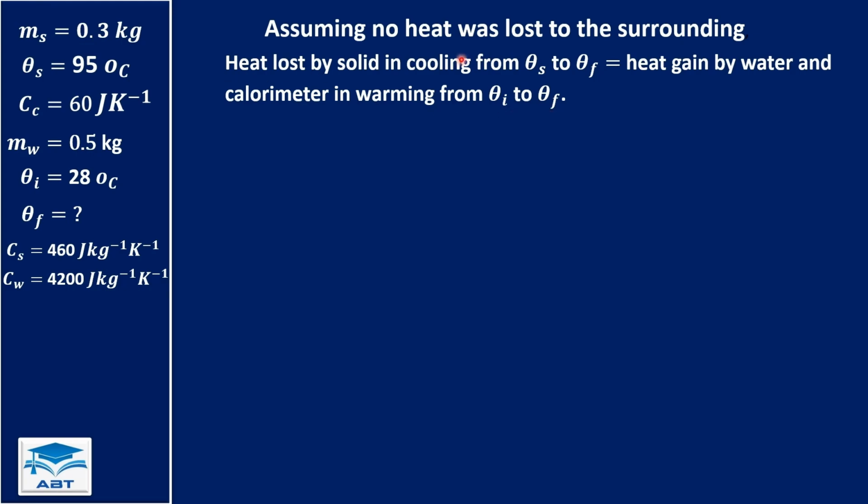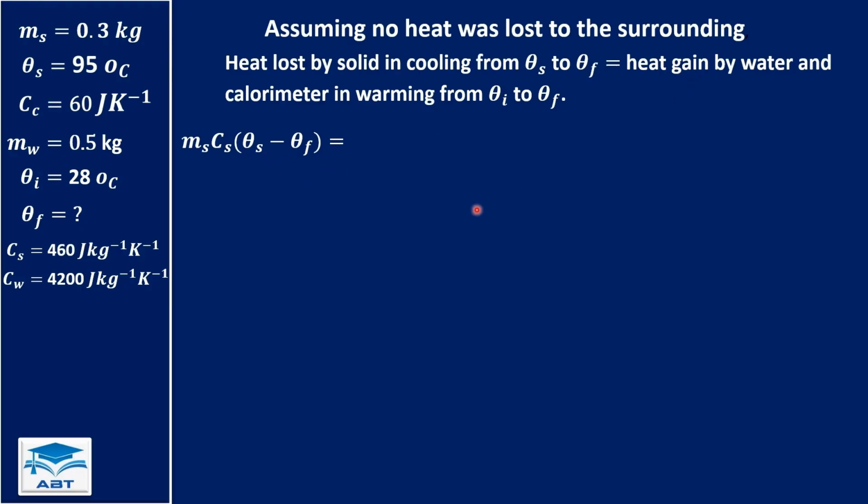And heat lost by the solid is given by the mass of solid, specific heat capacity of the solid, and the temperature change. That is from the temperature of the solid to the final temperature. We find the difference by subtracting the smaller temperature from the bigger temperature.